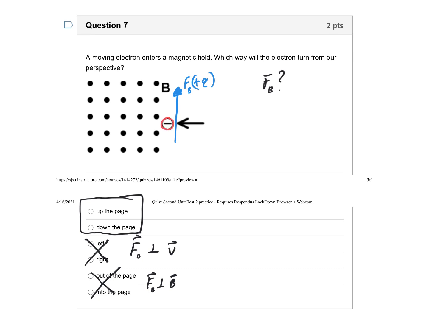We're dealing with a negative charge. So that involves the rarely invoked Rule 4, where if you're dealing with a negative charge, flip your result. Boom. Down the page. And there you go. That's number 7.